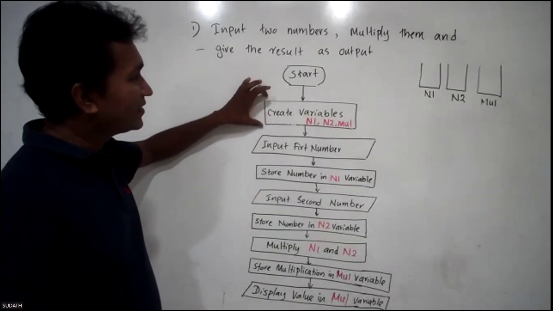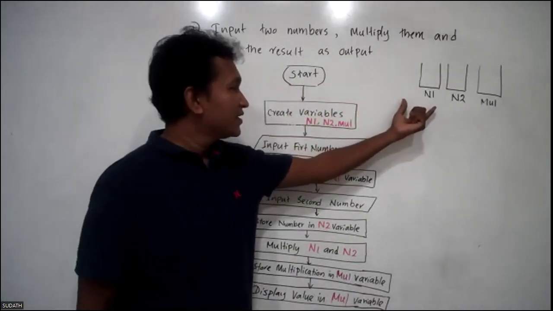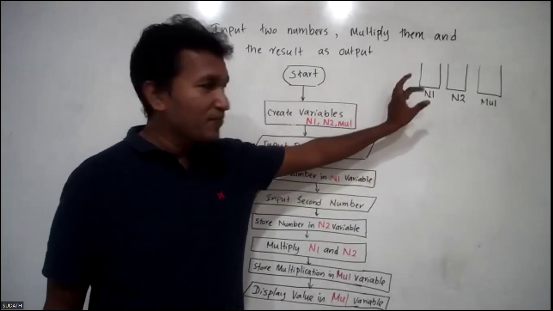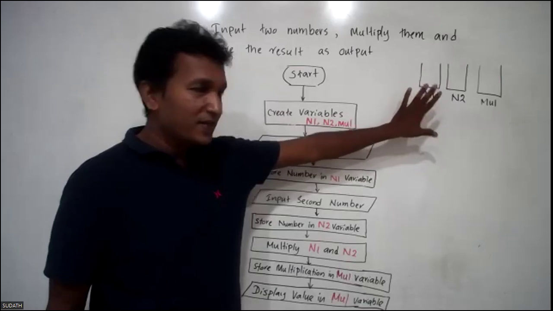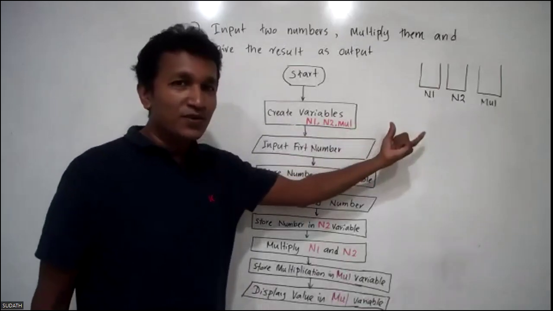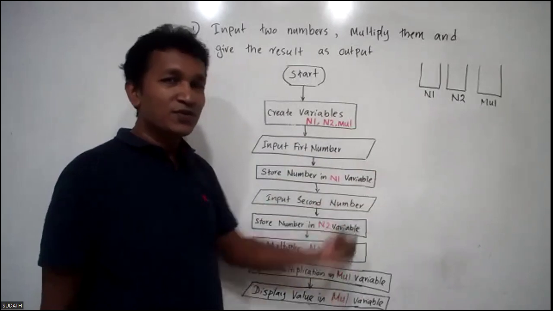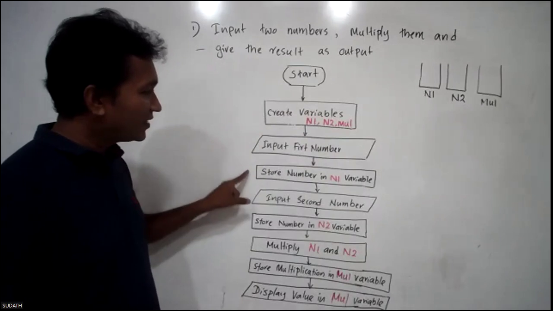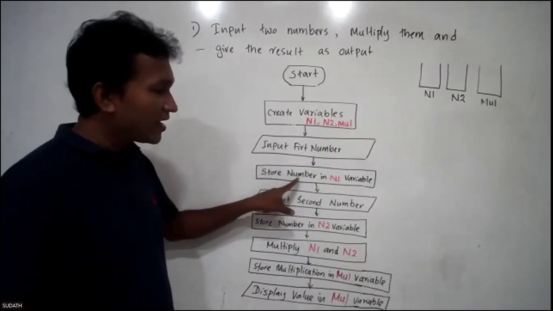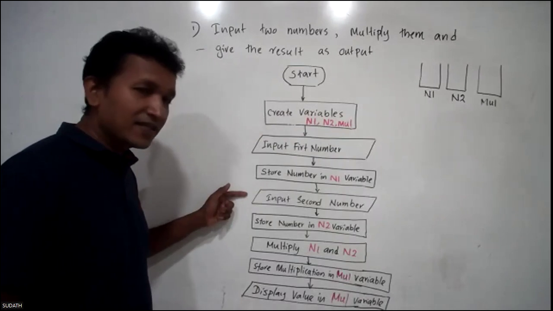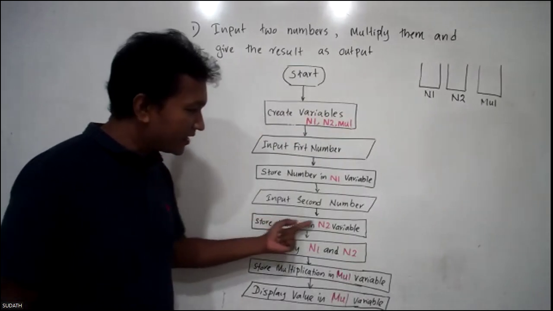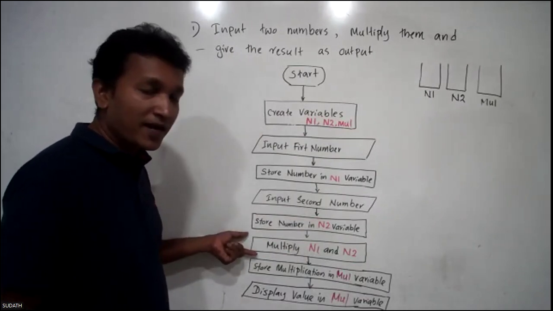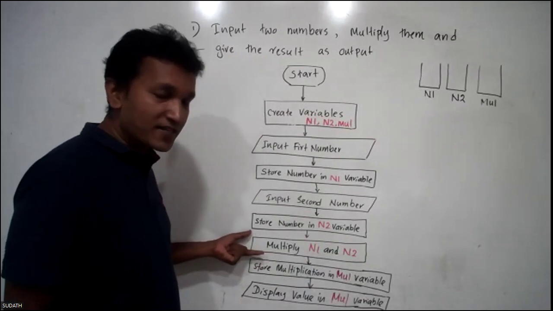So that is it. Create variables n1, n2 and MUL. n1 is to store the first value, n2 is to store the second value, MUL is to store the multiplication of those two values. Then our input is there, the first number. We store that number in n1 variable, then get the second input and store that in n2 variable. Then we should multiply. That is our next process.